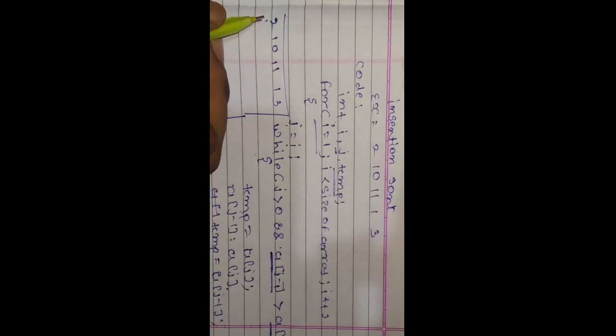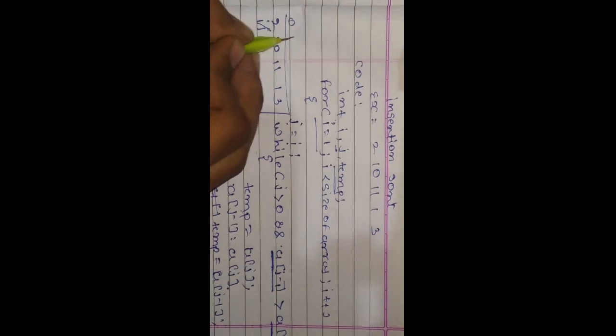Now declare the variables. In the for loop, i equal to 1. Okay, j equal to i, same as defined. Now the indexes are 0, 1, 2, 3, 4, so i and j are 1. Now we go to the while loop.